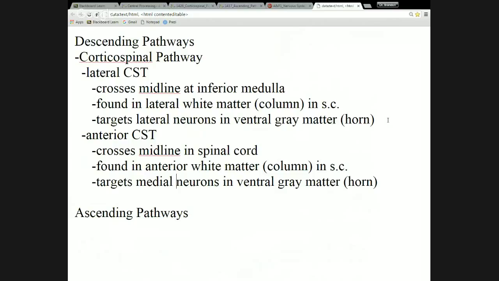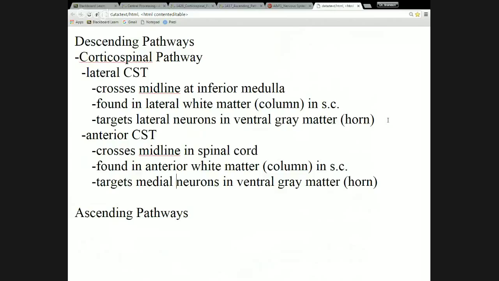So they're just organizing the fibers in a way that we have a bundle that ends up being a lateral position to target lateral neurons in gray matter, and then another one in a more medial or anterior position to target the medial neurons there. Now, when we look at the position of the neurons in that gray matter, it's laid out in sort of a map of the human body.